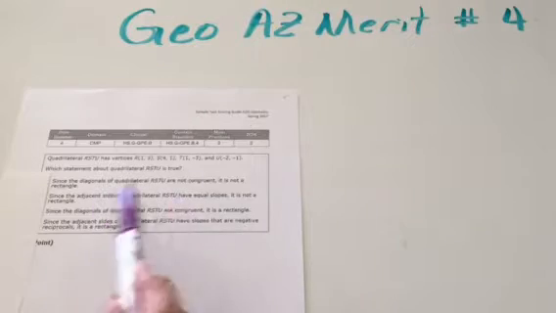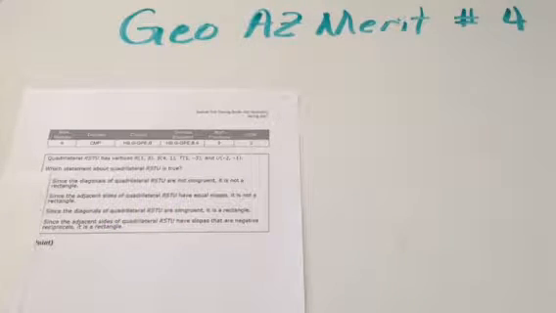So look through the answers real quick first. Since the diagonals of quadrilateral RSTU are not congruent, it is not a rectangle. Okay, they're talking about the diagonals. Since the adjacent sides of quadrilateral RSTU have equal slopes, it is not a rectangle. Now they're talking about slopes.